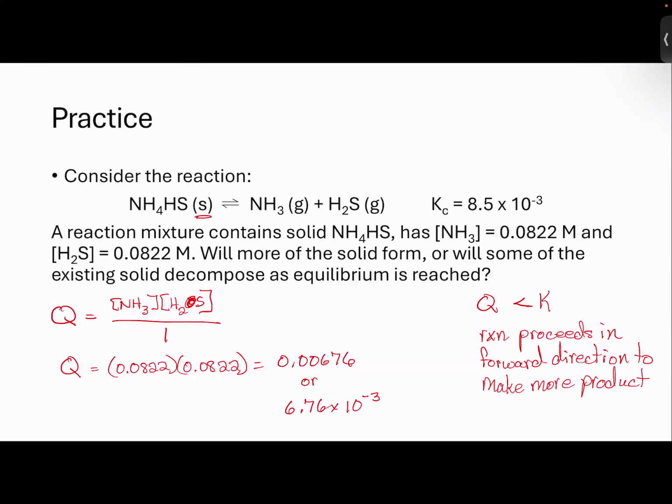Therefore, solid is going to dissolve or dissociate as a result of this reaction. So the existing solid decomposes. Questions?